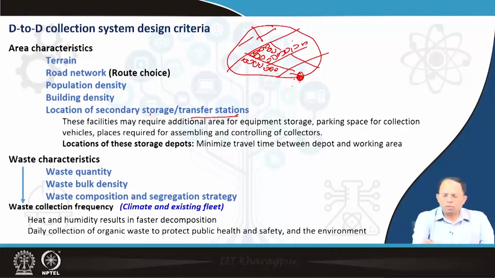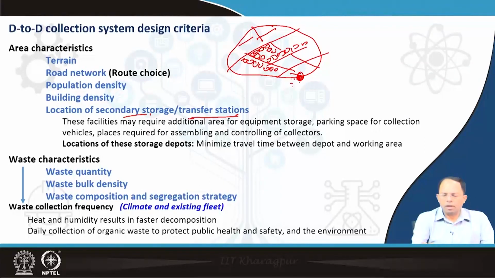Or it could be a small neighborhood where the garbage comes to a secondary storage, and from there it is again transported by larger vehicles to the landfill site. Either you call it a secondary storage or transfer station, it doesn't matter. It is the point from where the LCVs or the hand carts travel to the different generators and then bring back the garbage.